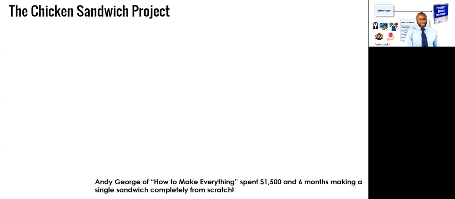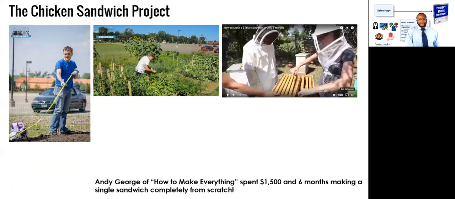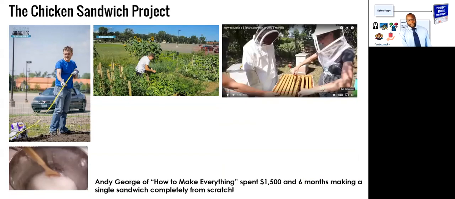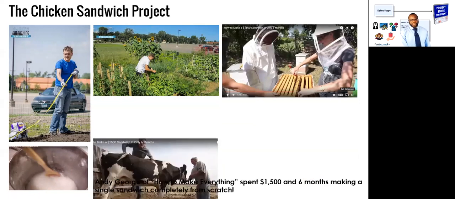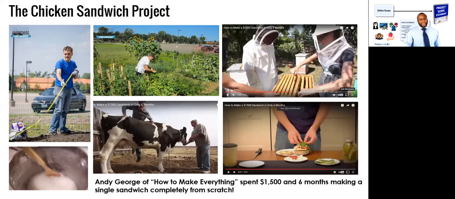So he's got a channel, How to Make Everything. He spent $1,500 in 6 months making a single chicken sandwich from scratch. So he did all these things, grew the vegetable patch, bees for honey, went to the Atlantic to get salt water, milked the cow, everything.